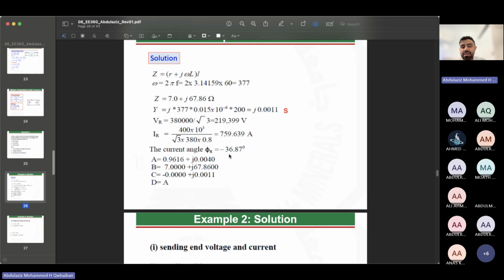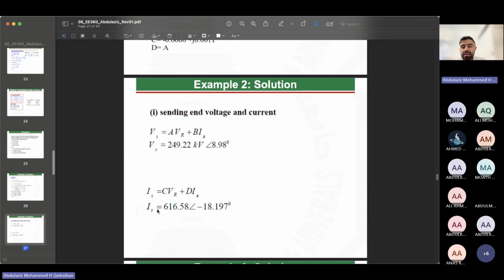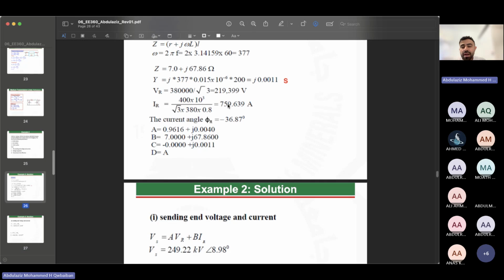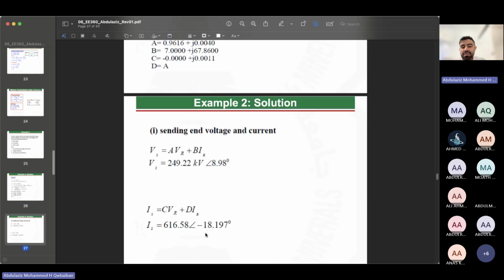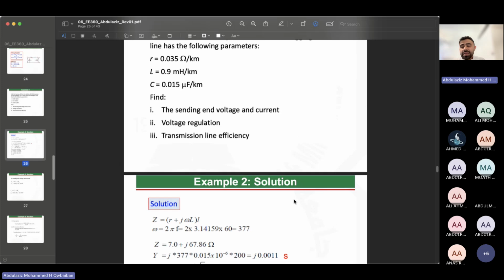What is the phase shift between IR and IS? It is minus 36 minus 18, which is plus 18. To calculate the voltage regulation, it's 30 kilovolts over 219, which is 13.59 percent. What does that mean?